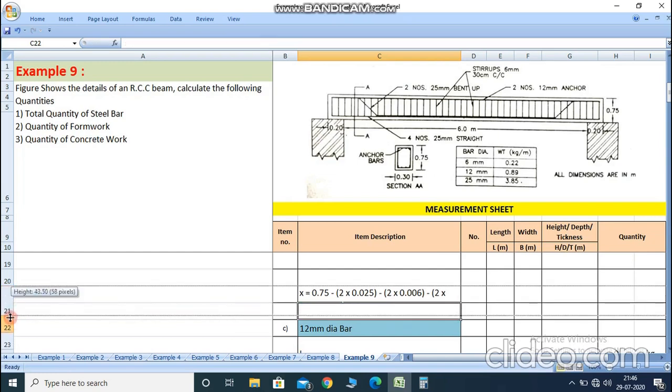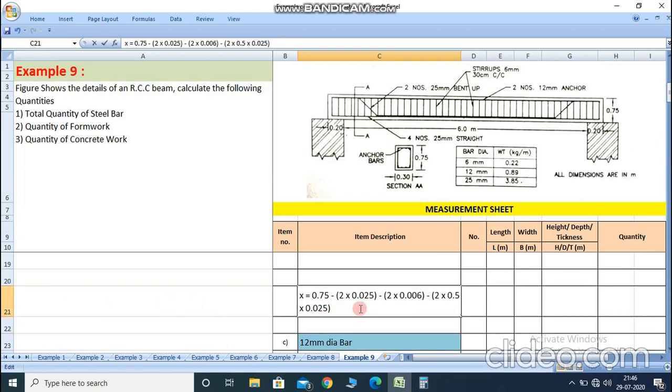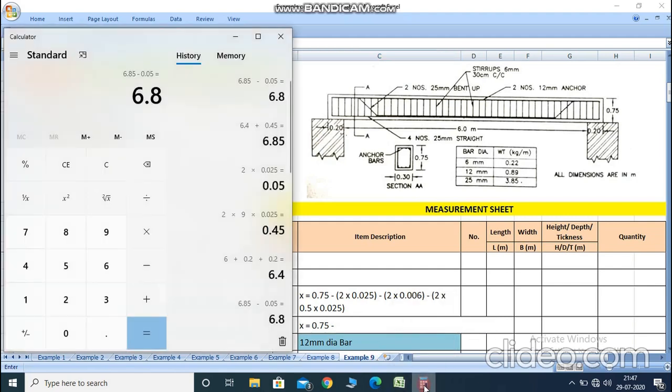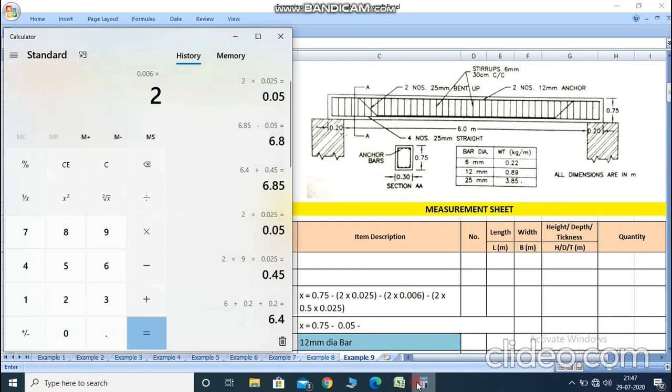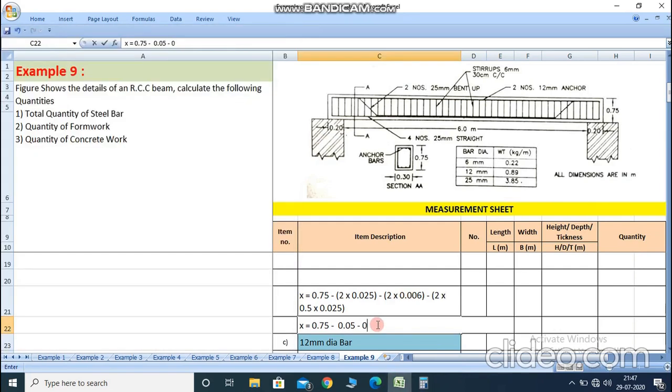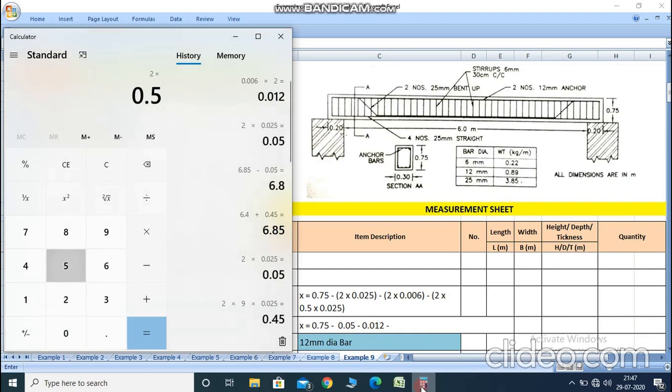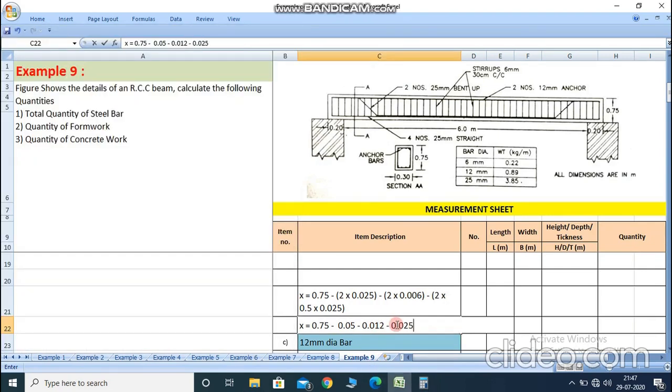Now we got the answer of the x value. X is equal to 0.75 minus 2 times 0.025, so answer is 0.05, minus 0.006 multiplied by 2, so 0.012, minus 2 multiplied by 0.5 multiplied by 0.025, so answer is 0.025.